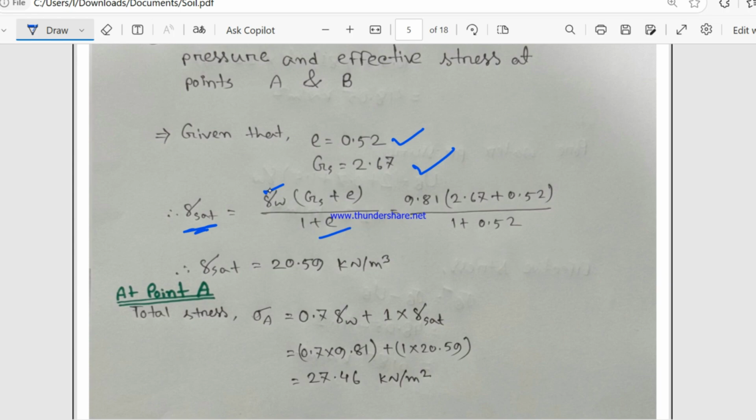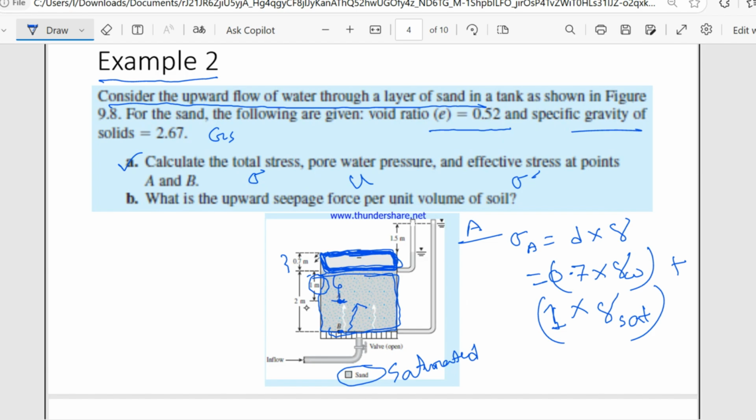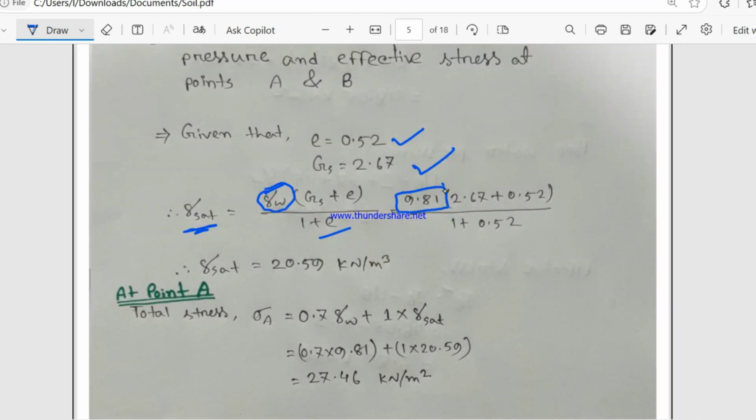Here the water unit weight is 9.81 kilonewton per meter cube, as the parameters are given in meters. So the saturated unit weight will be 20.59 kilonewton per meter cube.